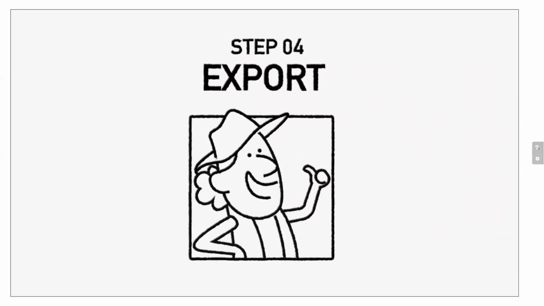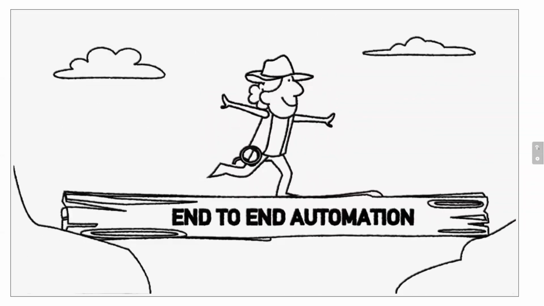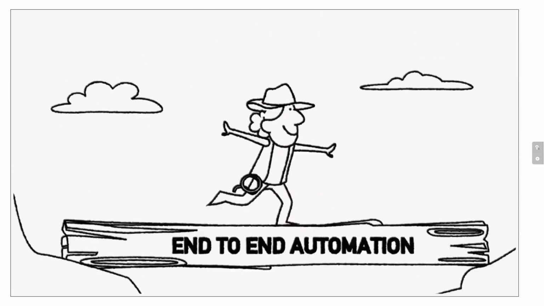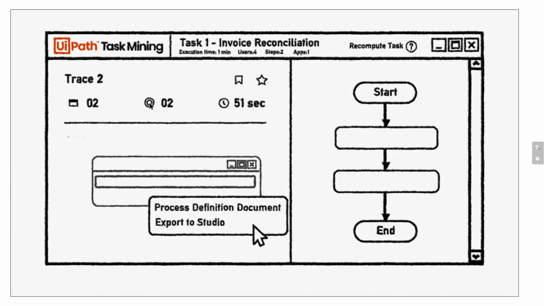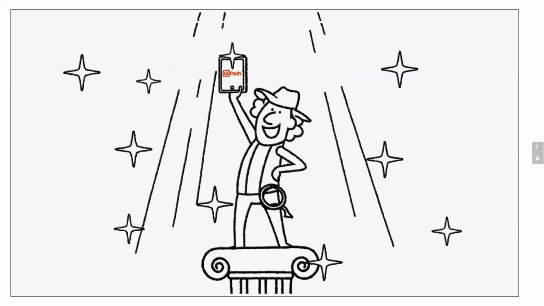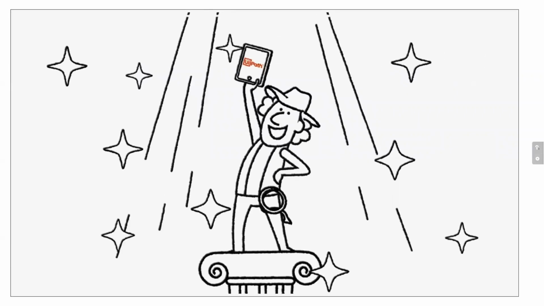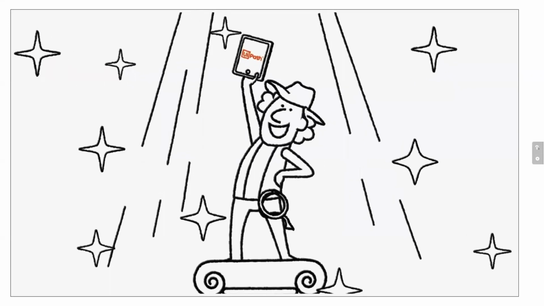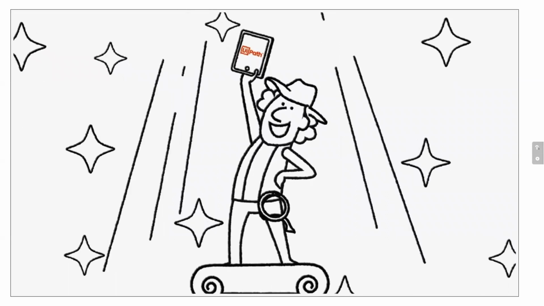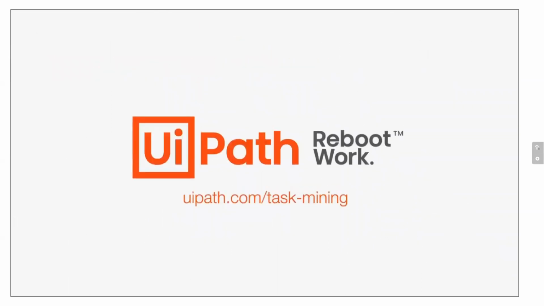Finally, it's the export phase, where Jasmine can leverage the full benefits of the end-to-end automation platform and turn the discovered automation ideas into action by exporting her findings into UiPath Studio or as a detailed process definition document. Now, thanks to UiPath Task Mining, Jasmine is equipped with the knowledge of how work gets done and can supercharge her organization's automation strategy with the best automation ideas. Try UiPath Task Mining today and let science maximize your automation potential.